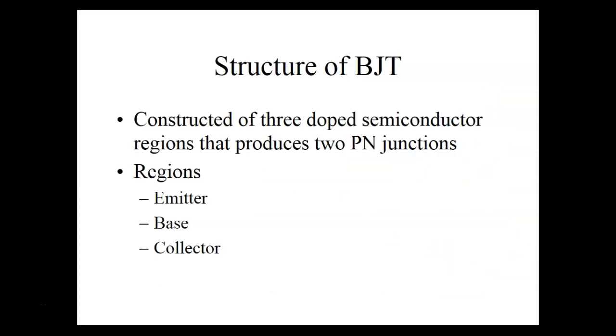It's constructed of 3 doped semiconductors that produce 2 p-n junctions, and this is how it got the name bipolar transistor. So we have the emitter, the base, and the collector. If it's an NPN, then this is N. So this is used in a pentavalent.